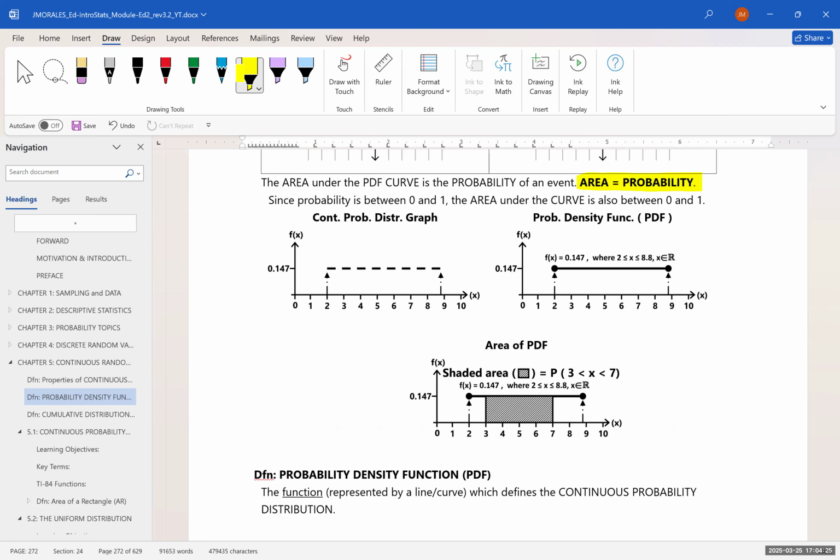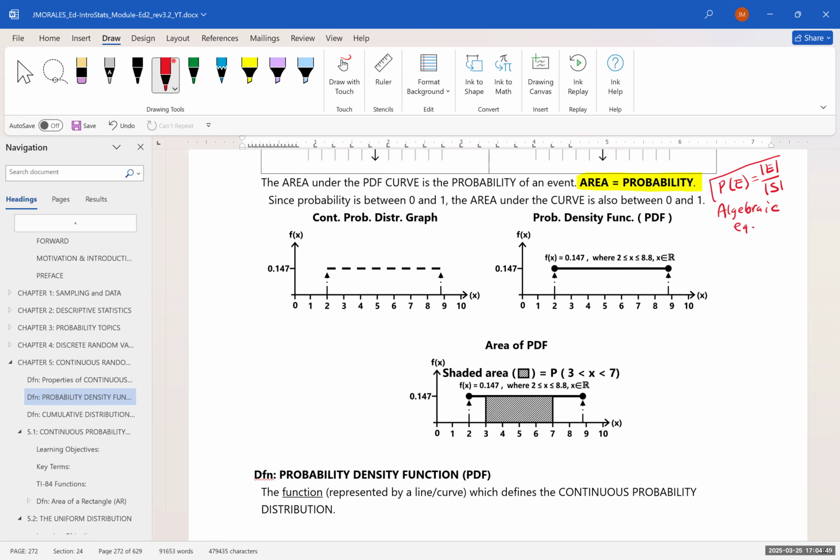So previously, when we talked about probability, like in chapter three, we'd calculate the probability of an event, and that was equal to the order of the event over the order of the sample space. So this is like an algebraic equation.